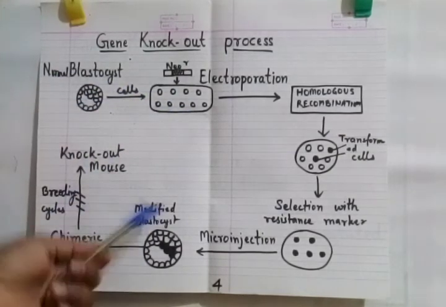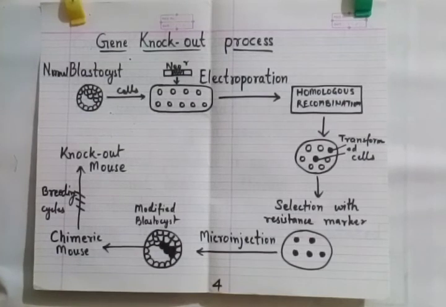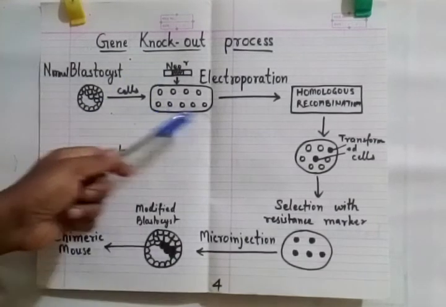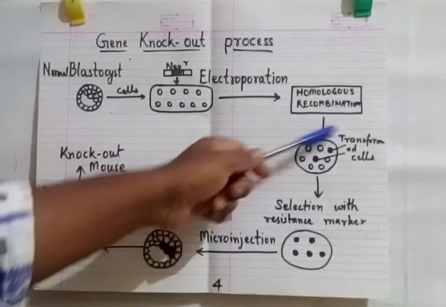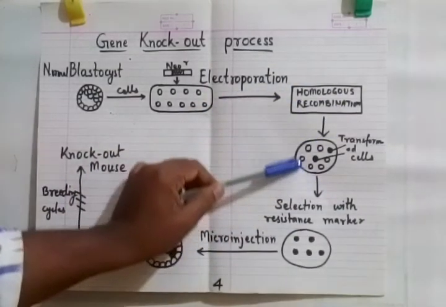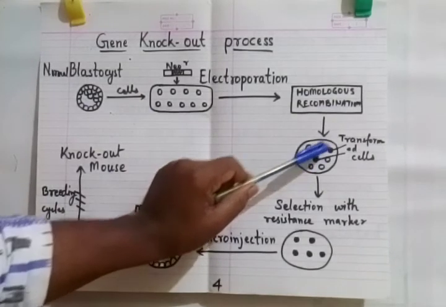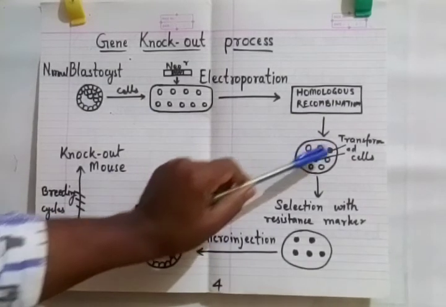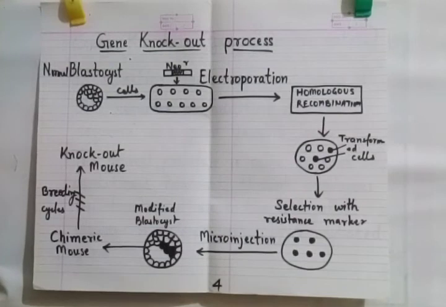Now, as I explained in homologous recombination, once this gene is there, the homologous recombination will occur, and some of the cells, here you can see I have indicated 2 cells. That means in these 2 cells, the successful recombination will happen. 100% it may not happen.